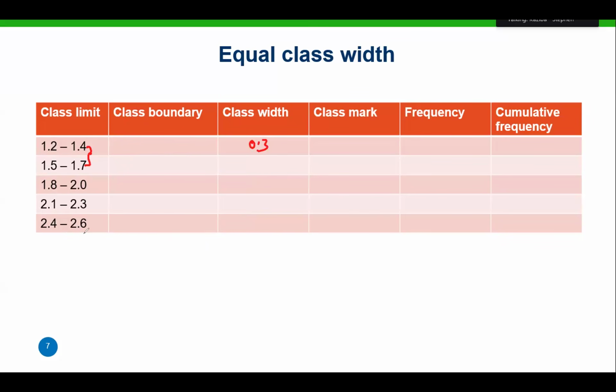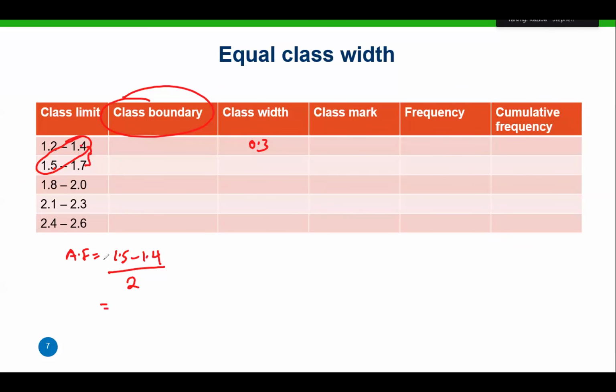First check all the classes to see that your class width is the same. For such classes, we have something called the adjustment factor. Are you seeing these two values here? To deal with your class boundary, get these two values, 1.5 minus 1.4, and divide by 2.